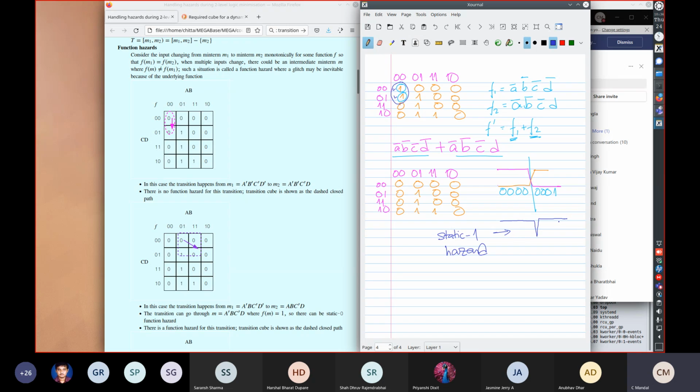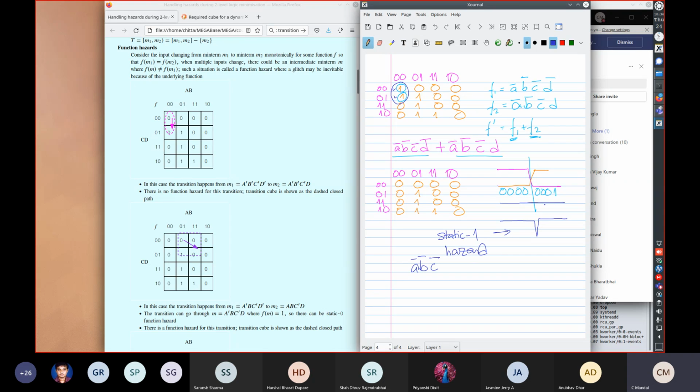Of course, you have already seen that if you use this blue cube, if instead of this you use this cube, that is A bar, B bar, C bar, then of course you don't have this problem. If you use that cube, that is 1 all the time.